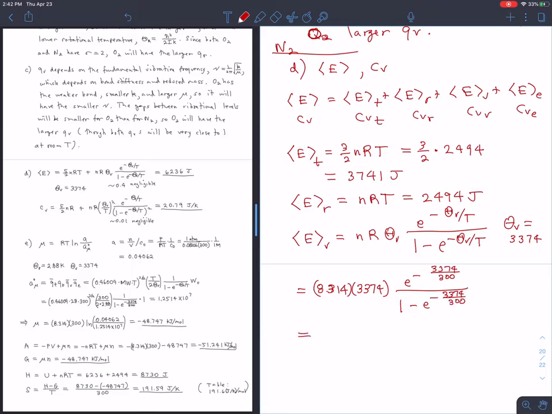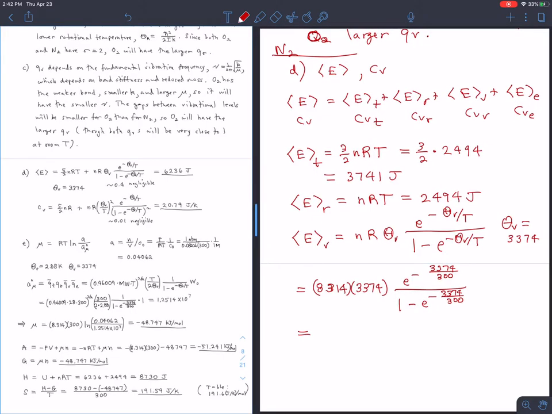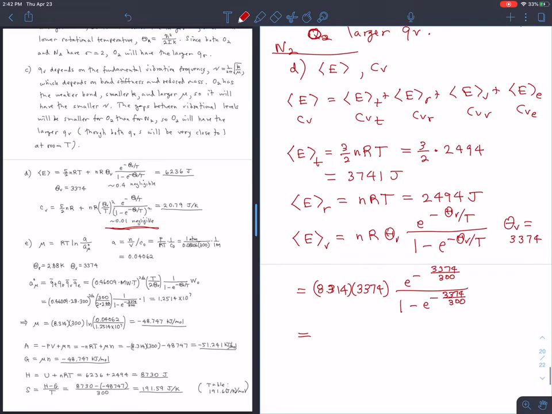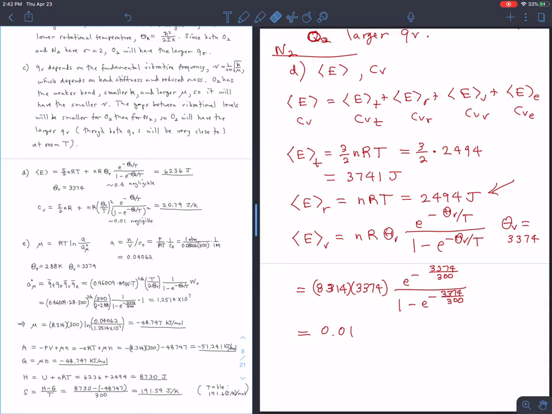And that is equal to, I'm looking over here to see what answer I got. I didn't actually write out the answer, but it's around 0.01, and that's for the heat capacity. I'm getting these confused. It's about 0.4.